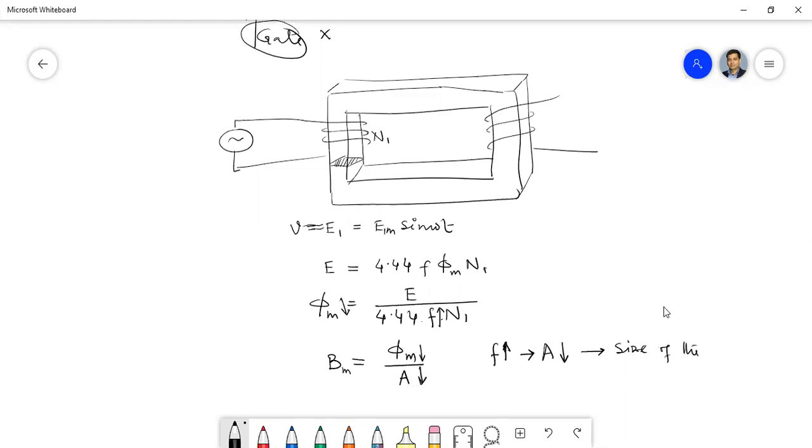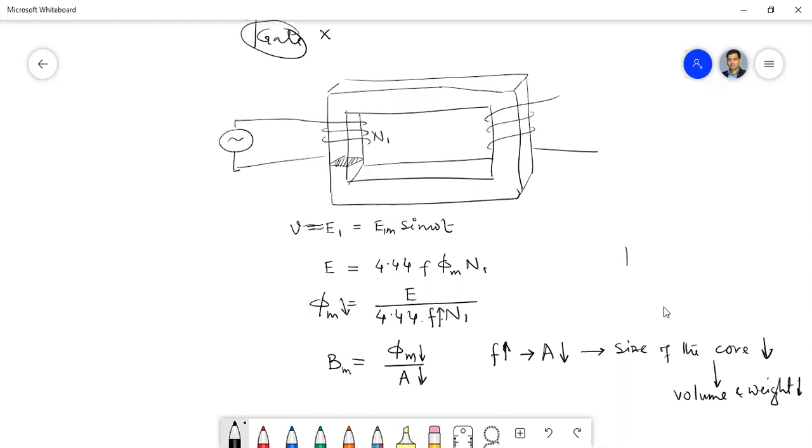What else? Weight. Volume is nothing but the size again, so volume and weight both will be reduced.